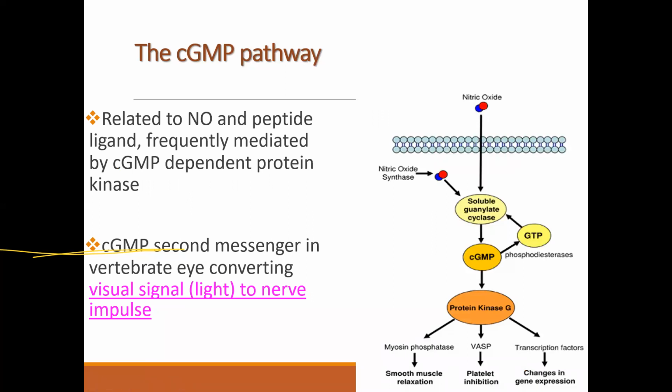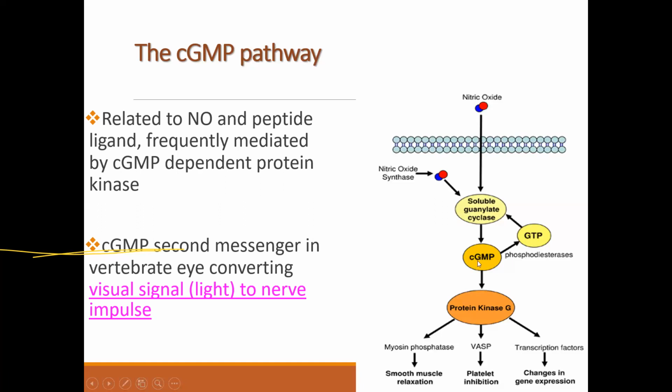Cyclic GMP acts as the second messenger in the mechanism of nitric oxide. Nitric oxide can pass through the plasma membrane, and nitric oxide has no receptor inside the target cell. Nitric oxide can act on guanylyl cyclase, activate guanylyl cyclase, and then the activated guanylyl cyclase will change GTP to cyclic GMP.